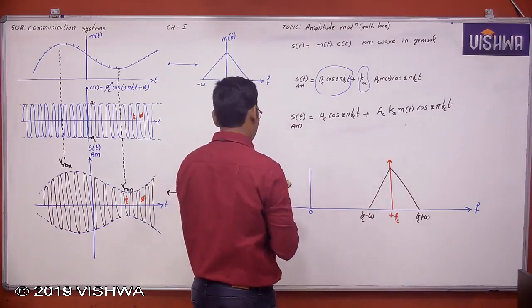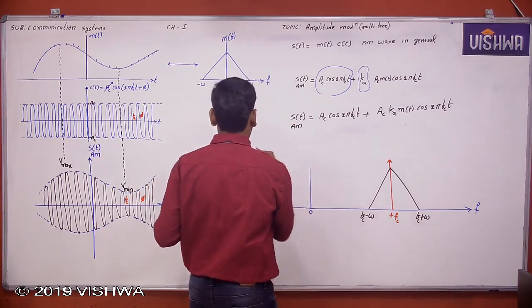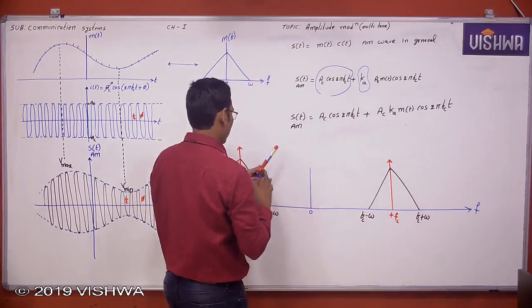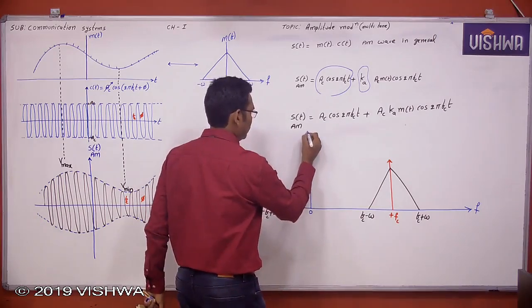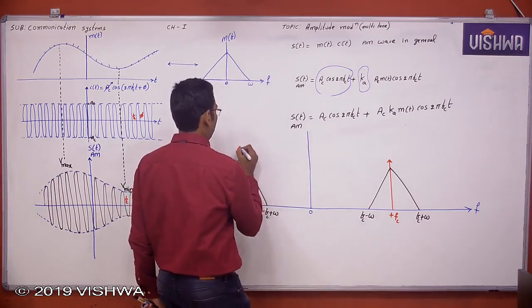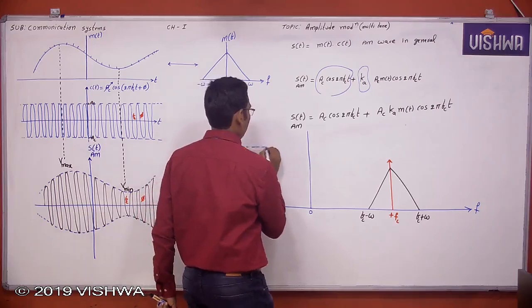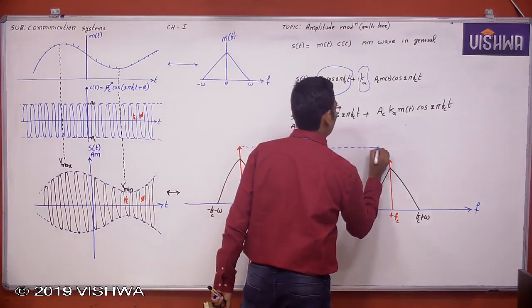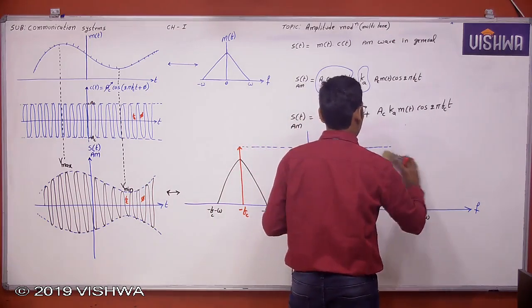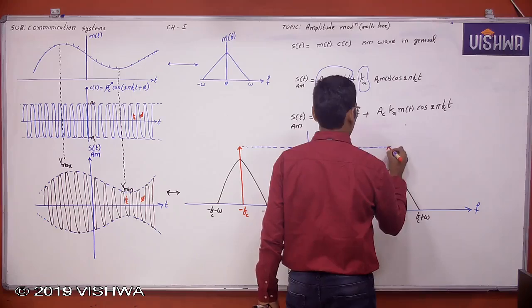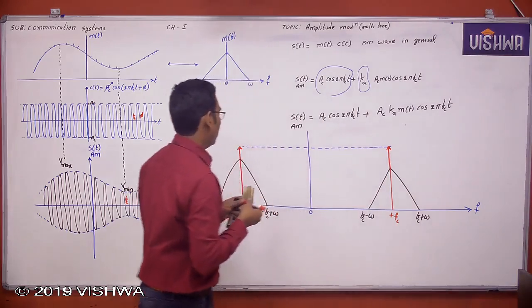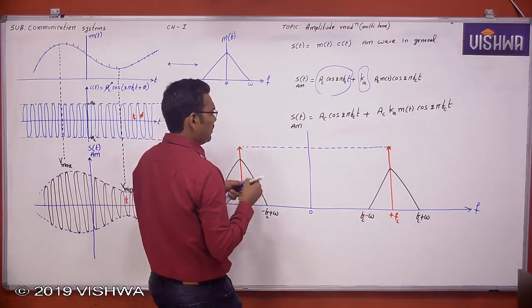Now whose spectral amplitude? Now this is Ac by 2, right? Now this is Ac by 2.